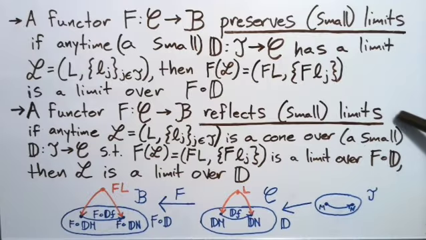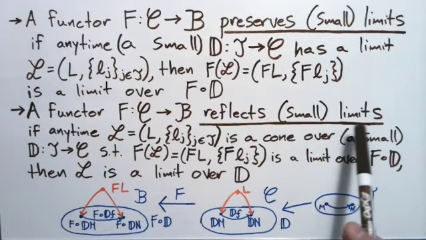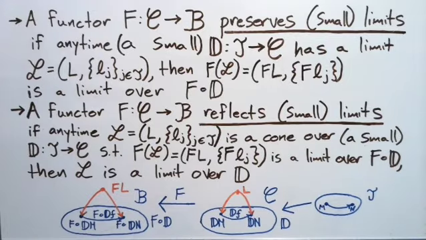For the non-small version, a functor F, again going from C into B, reflects limits if any time L, this same cone L here, is a cone over a diagram D, such that the image of that cone in B is a limit over the image of the diagram, then L is a limit over this diagram.